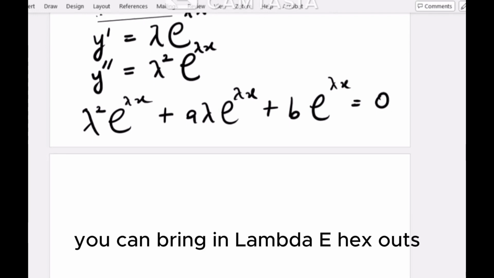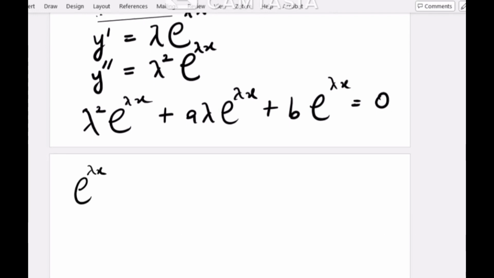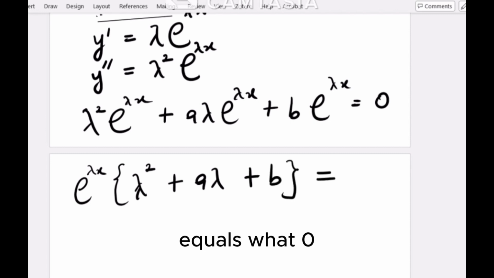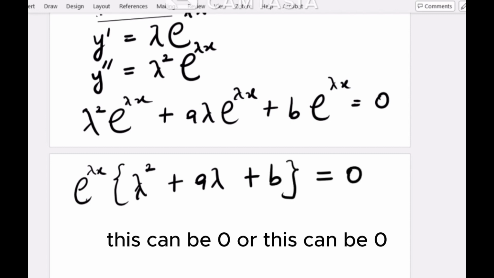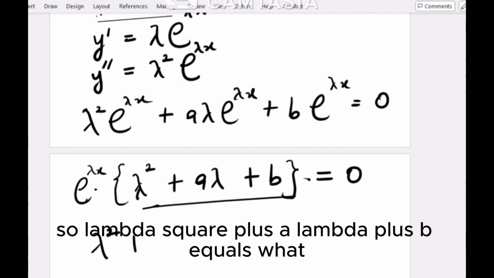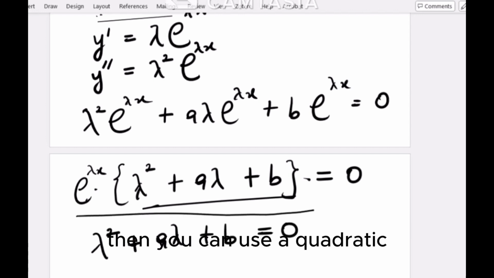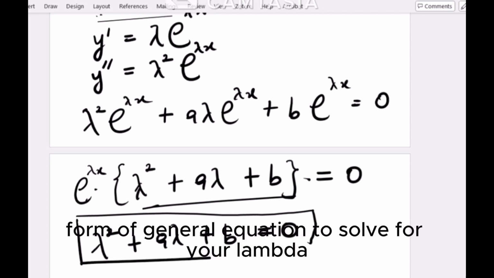You can bring e^(lambda x) out: lambda squared plus a lambda plus b, equals 0. This can be 0 or this can be 0. So lambda squared plus a lambda plus b equals 0.